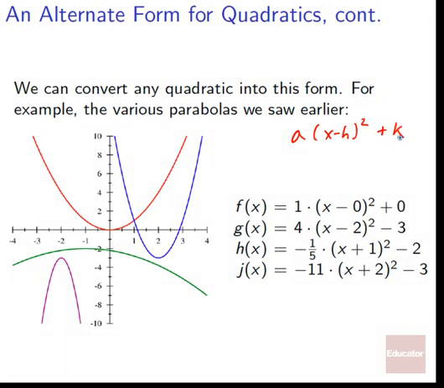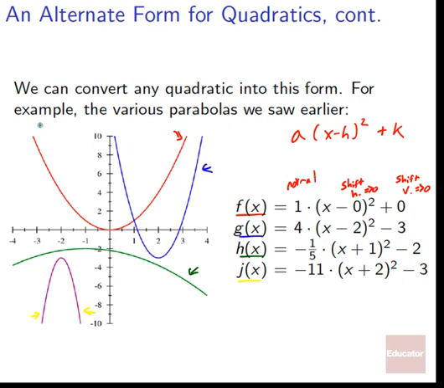For example, take all the various parabolas we saw earlier. f of x is the one in red, g of x is the one in blue, h of x is the one in green, and j of x is the one in purple that I confusingly am using yellow to highlight. Sorry about that. So if we look at this, 1 times x minus 0 squared plus 0 means a horizontal shift of 0, a vertical shift of 0, and it is non-stretched, a normal looking thing.